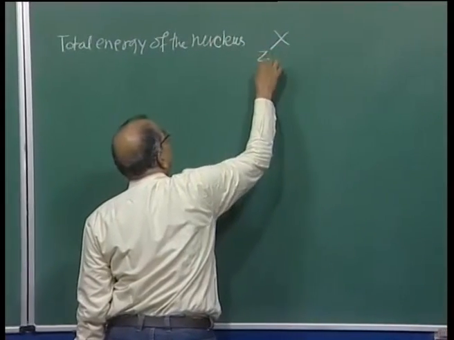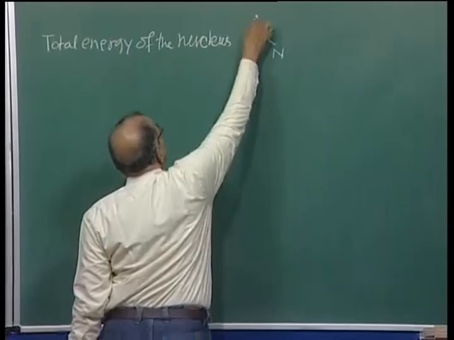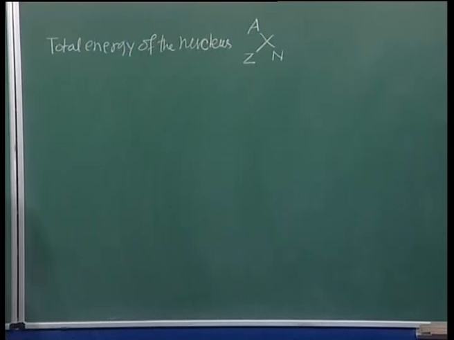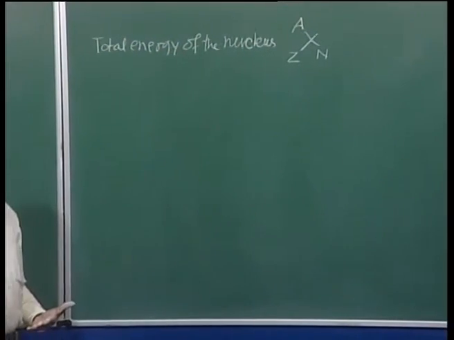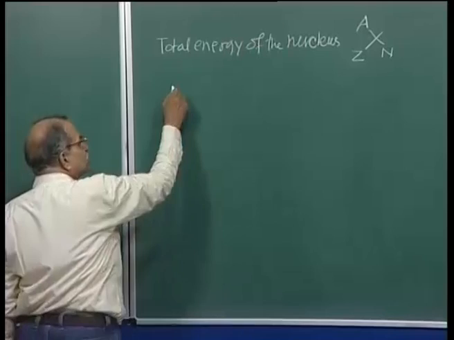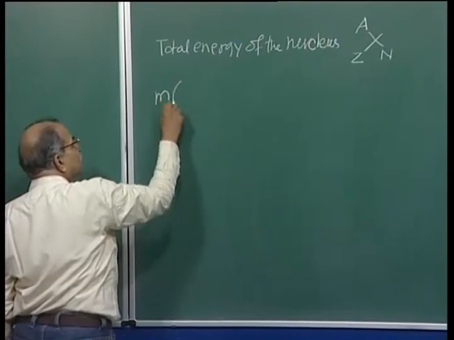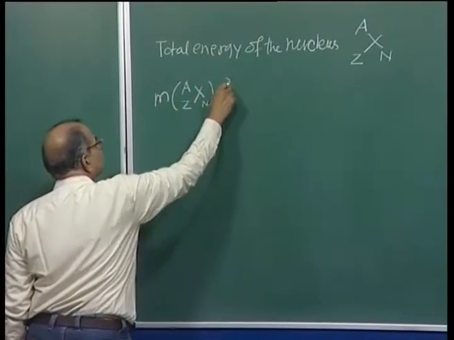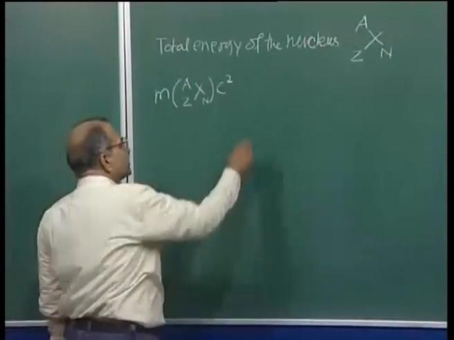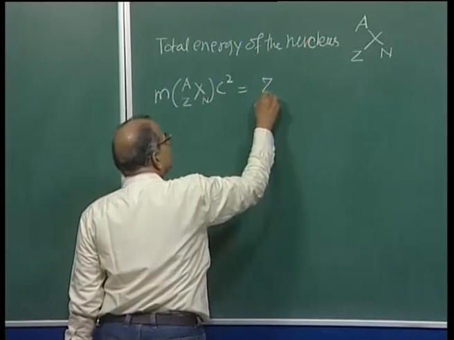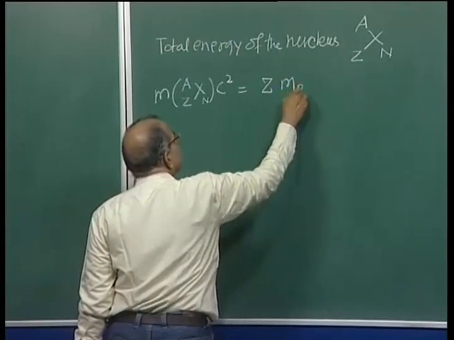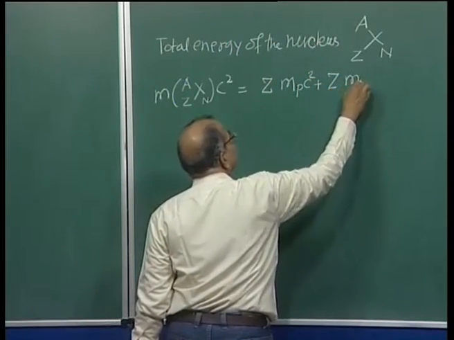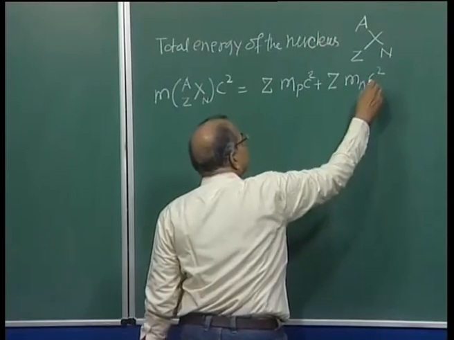With Z protons, N neutrons, total nucleon number A, and total energy, as you know, is mass times c square. So, this total energy is mass of this nucleus A, Z, n times c square. This you can write as Z times mass of proton c square plus N times mass of neutron c square, but this is not equal.